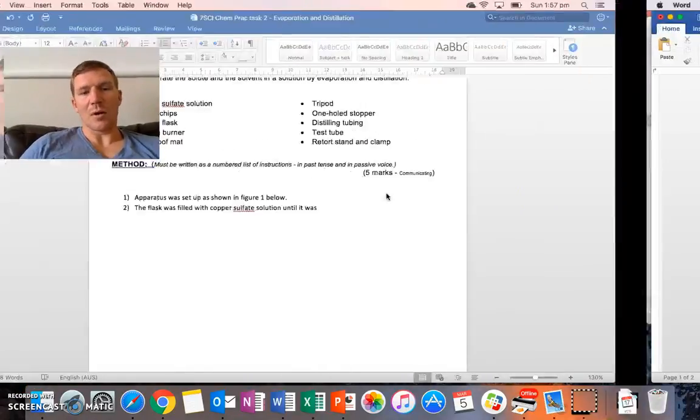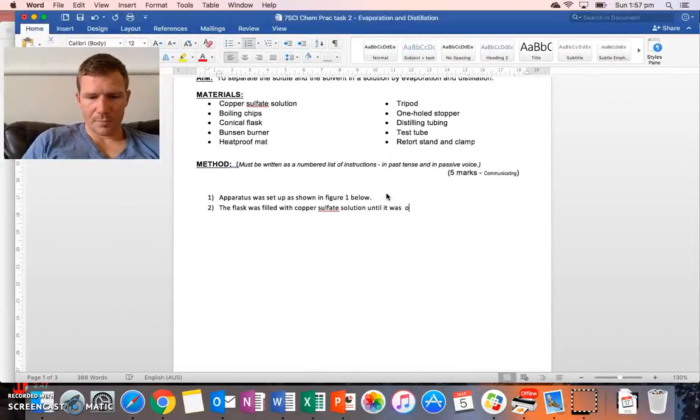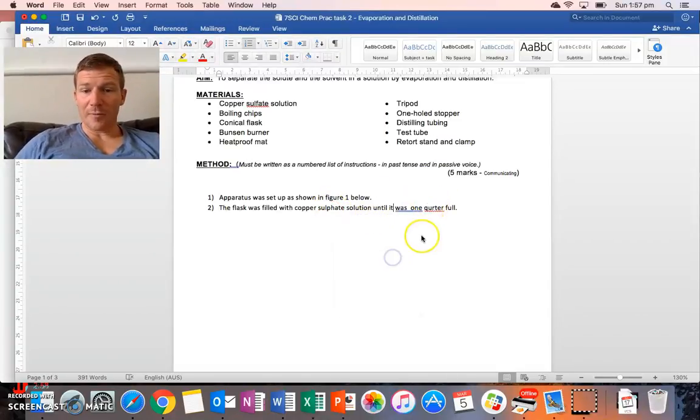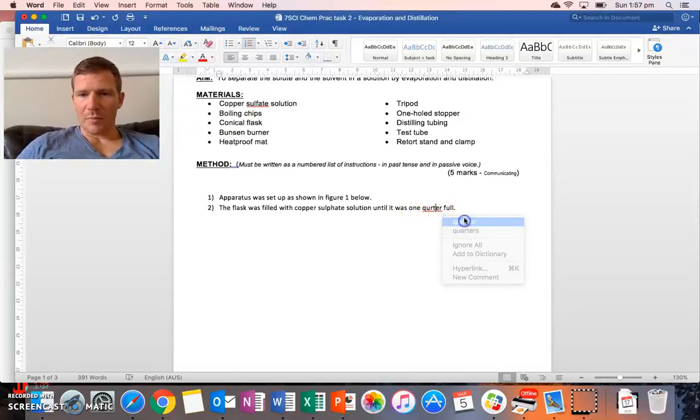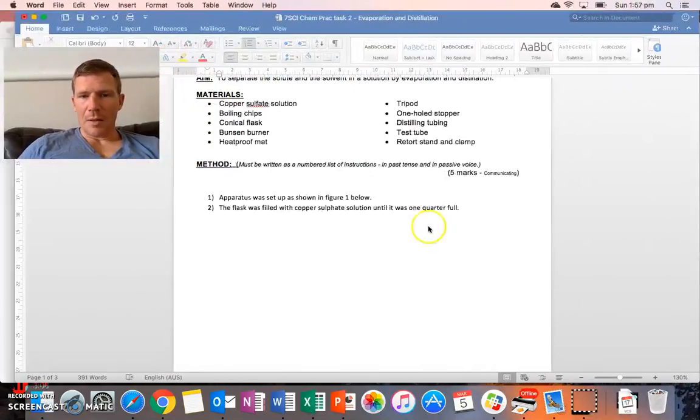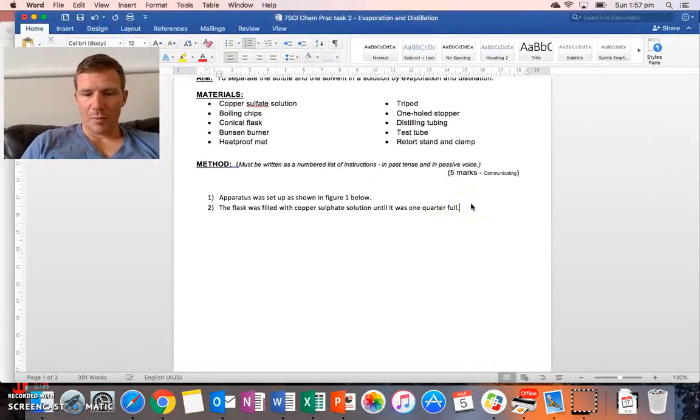It says 1/4 full. I'm obviously doing this in a bit of a rush, so I'm typing a little bit poorly. And then boiling chips were added.